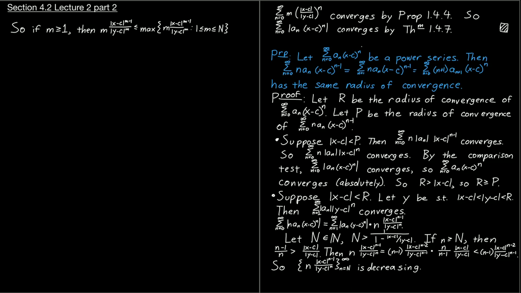So the biggest it can be is the biggest it gets in here, and since there's finitely many of these things, if we name this maximum capital M, we see that that is finite. Now we observe that this sum converges.